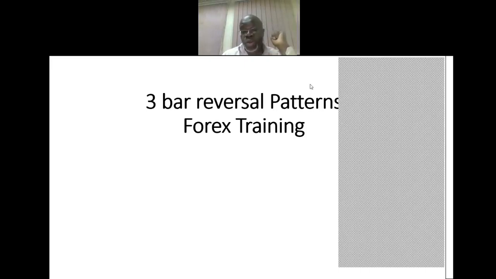Okay? So today we shall talk about what we call a 3-bar reversal pattern, or the 3-bar reversal patterns. In Forex, this is very common because we find that the market always moves in waves.